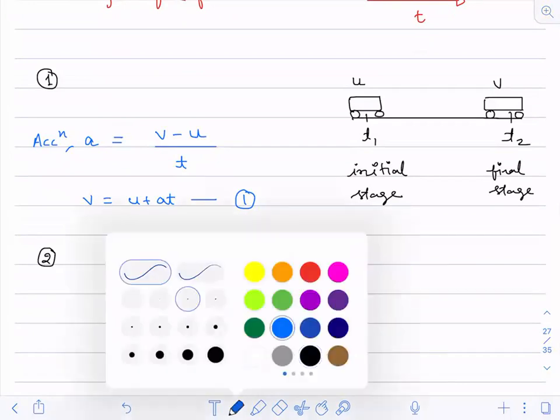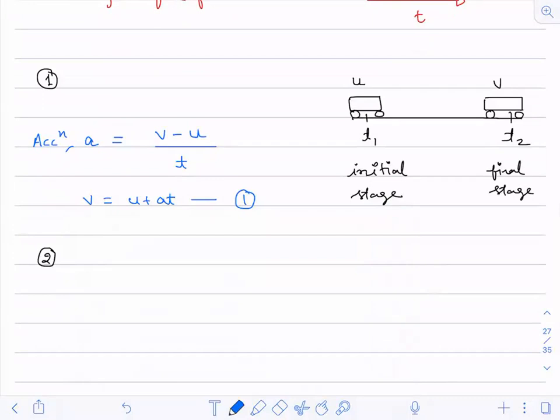Whenever you have uniform acceleration, the average velocity between the two intervals, from t1 to t2, will be given as (v plus u) by 2.